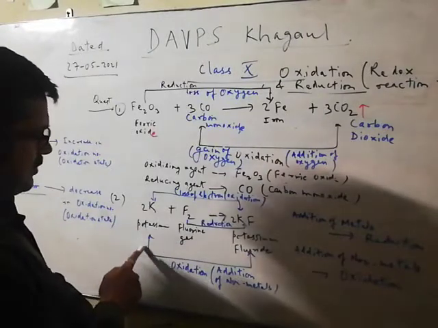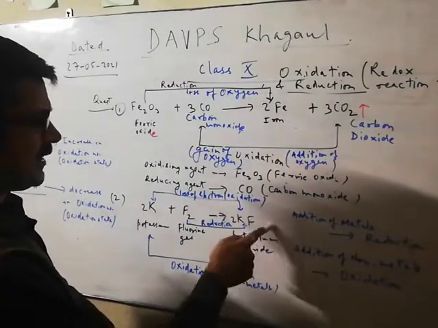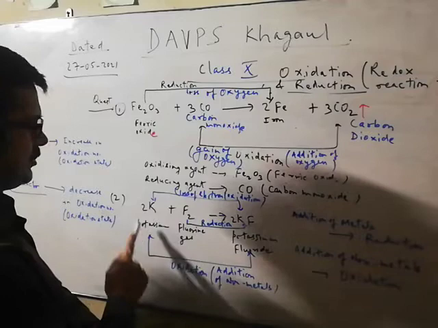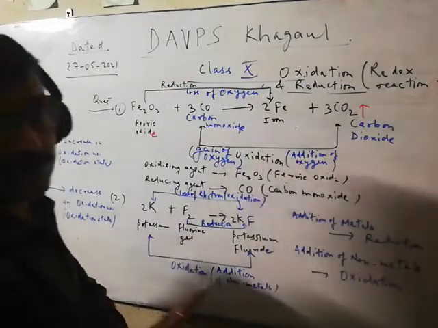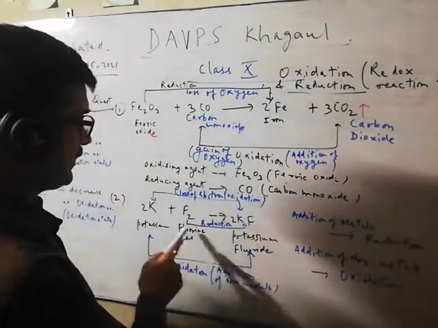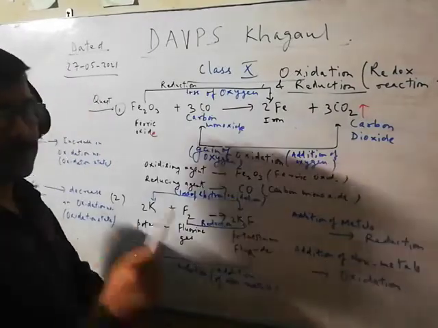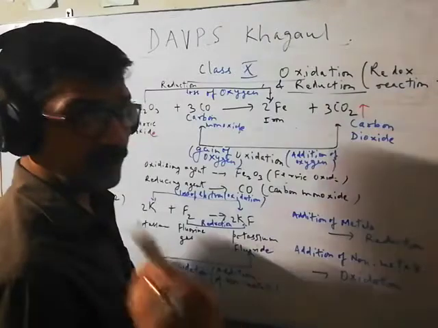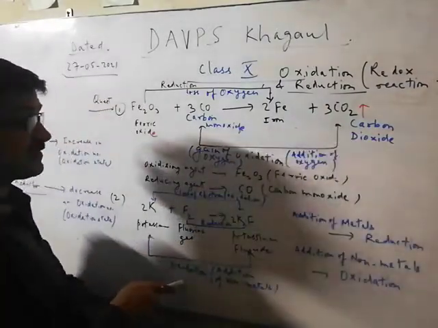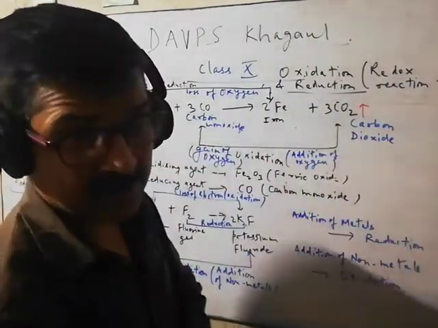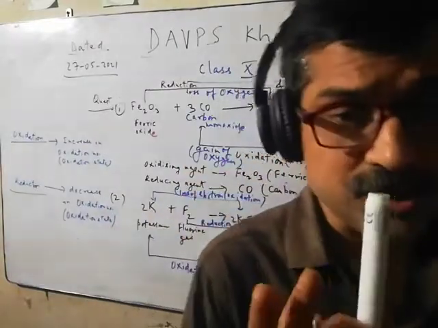Now potassium here is getting addition of fluorine. Fluorine is a non-metal. So addition of a non-metal, we have got the idea. Addition of a non-metal is oxidation.